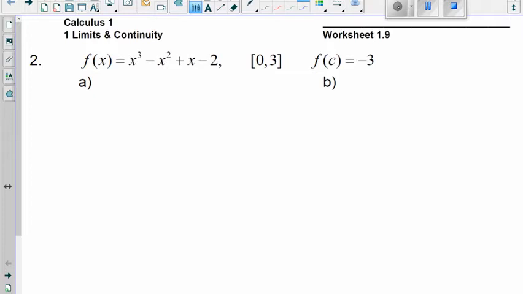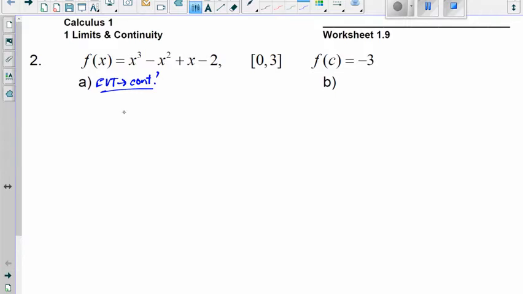So the first part is real simple. Remember, to verify we just explain the conditions, not prove them, just explain them correctly. For the EVT, all we have to know is: is it continuous? That's what part A is really asking, and it only has to be continuous on the interval.